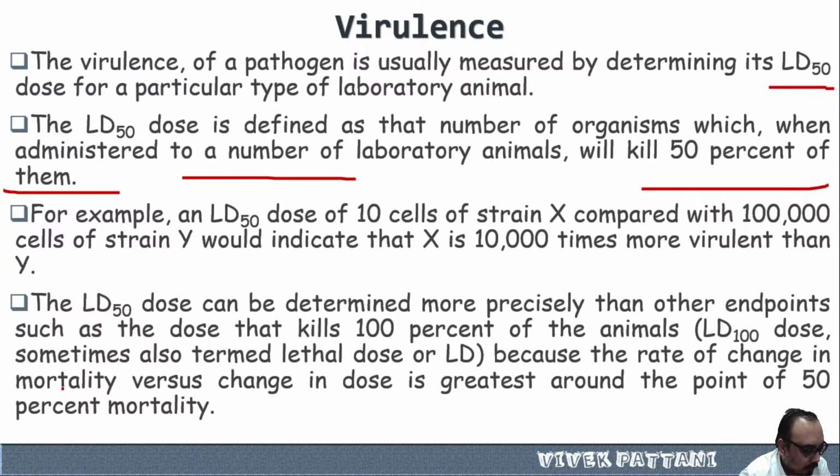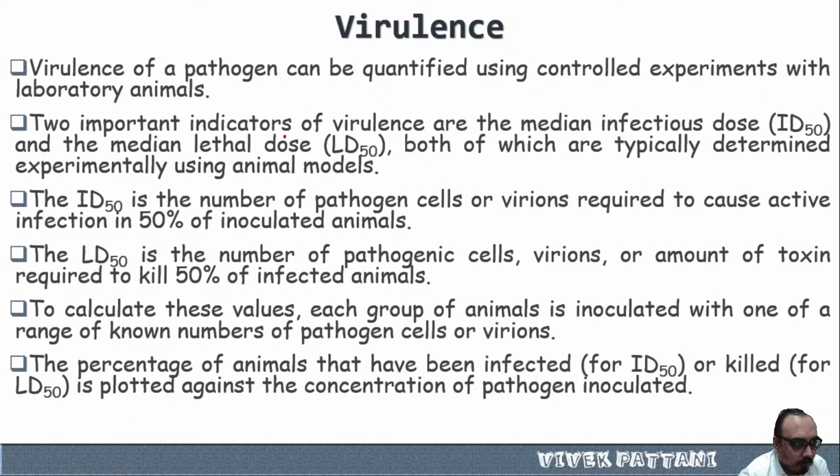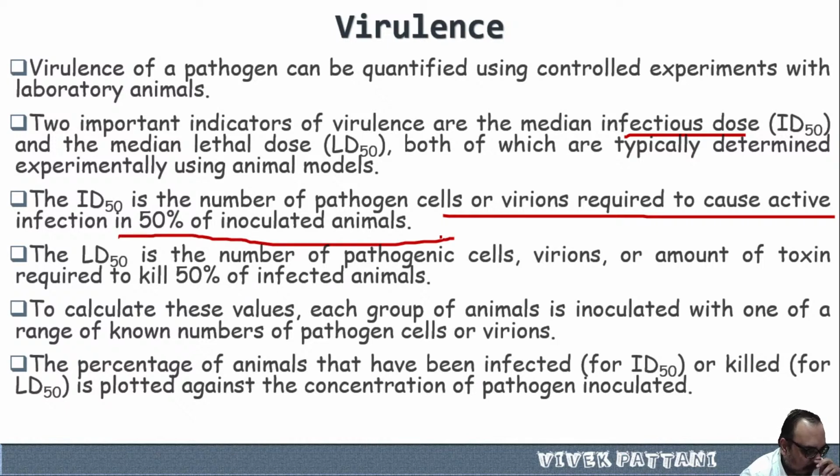Now how can we calculate it? There is another term called infectious dose 50. ID50 is the number of pathogen cells required to cause an active infection in 50% of the inoculated animals, and the LD50 is the number of pathogenic cells and amount of toxin required to kill 50% of the infected animals.